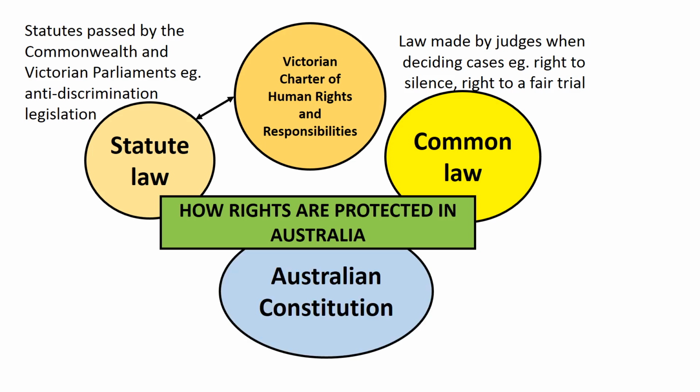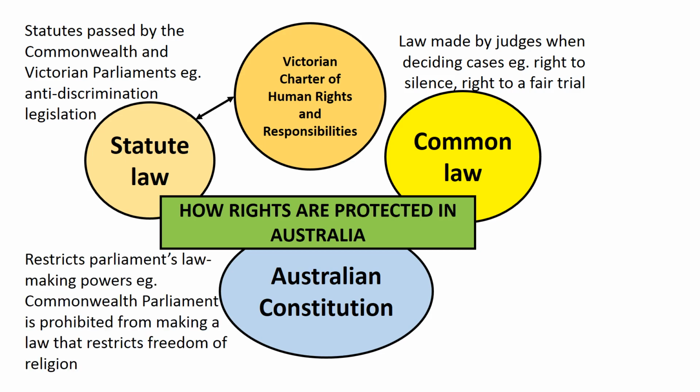The third way in which rights are protected in Australia is under the Australian Constitution. The Australian Constitution protects rights by restricting the law-making powers of Parliament. For example, the Australian Constitution prohibits the Commonwealth Parliament from making laws that restrict the right of religious freedom.